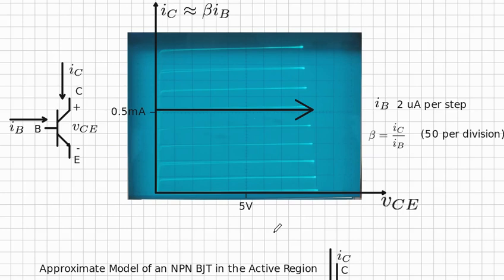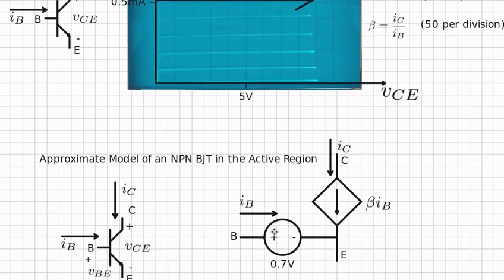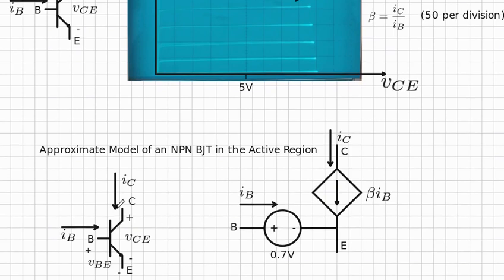Let's see if we could make a simple model for this NPN bipolar junction transistor in the active region. Here we have a schematic of the transistor with the values IC, VCE, IB, and VBE labeled as before. Over on the right here, we have our first stab at a model.